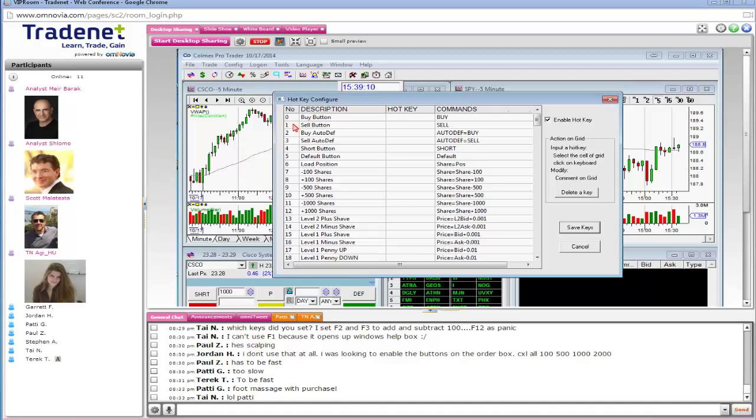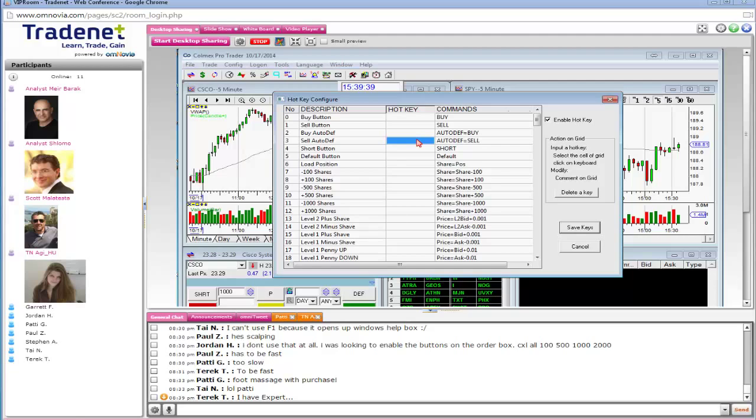In the command column, we have here a list of available commands. In the hotkey column, next to the selected command, we can just hold down the actual keys you want to assign to that command.